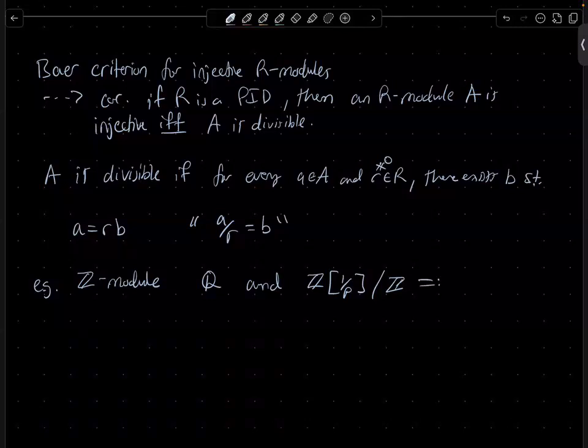There's another notation for this, Z(p^infinity), which I am not familiar with. I'm not sure if it's a p-adic notation. But the result is that any injective Z module is a direct sum of these.